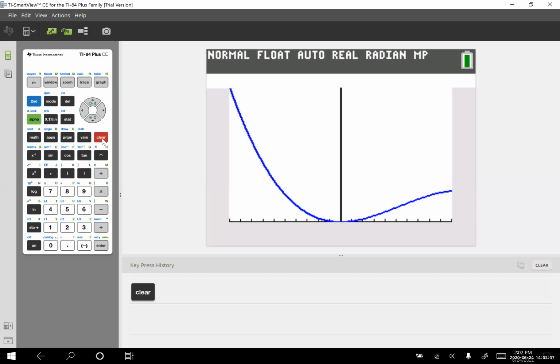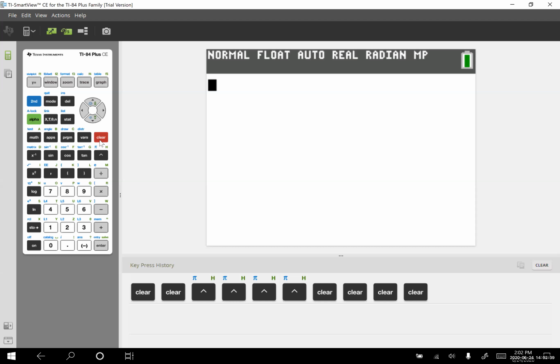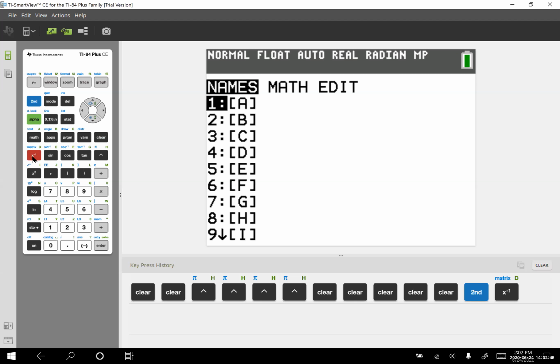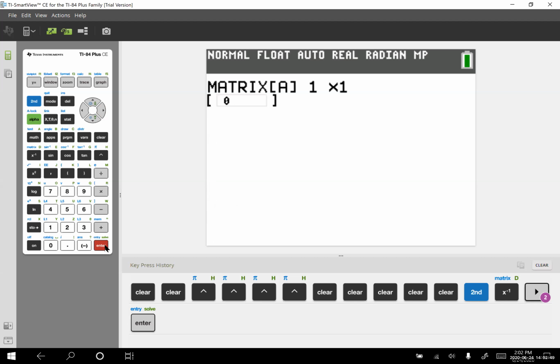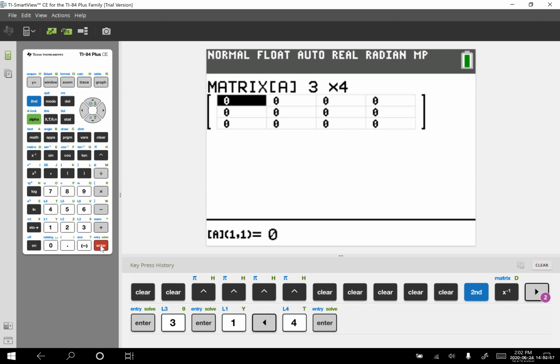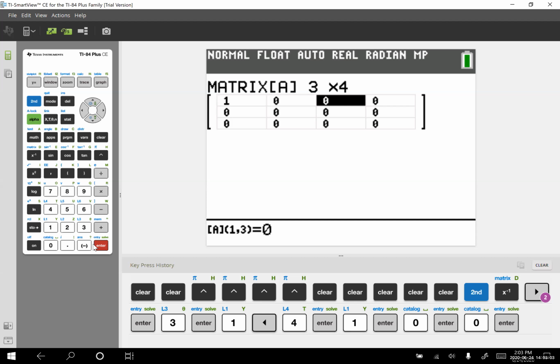So let's clear this. Okay. Oops. So what I'm going to do is I'm going to go into second function matrix right here. See where that red button is? And I'm going to edit my matrix. So I'm going to go over to edit and I'm going to hit enter. This matrix is a 3-row by 4-column matrix. And now they want us to enter everything in. So I'm going to go 1, 0, 0, 1, I believe, right?